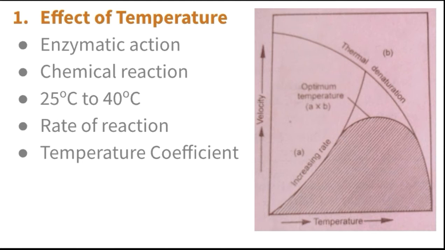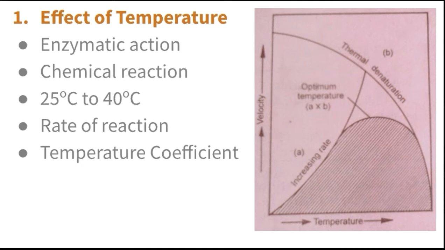There is an optimum temperature range, as you have seen in the figure showing an increasing rate. Enzymes are easily active between 25 degrees Celsius and 40 degrees Celsius.